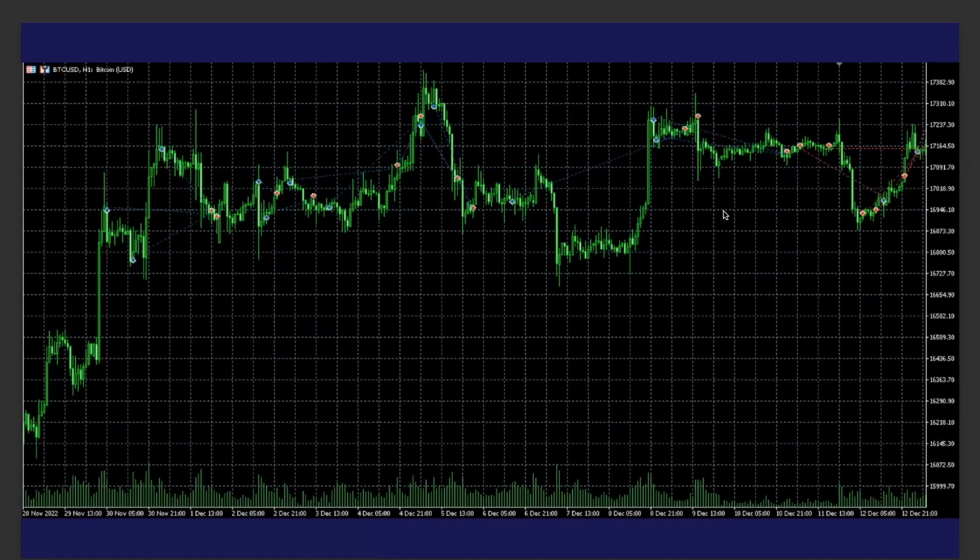But here there is low volatility, and as you can see, there are a lot of profitable trades. Here profitable trades, here profitable trades. Yes, there are two losing trades, but here there are profitable trades as well. This is a profitable trade. And even on the flat market, on the range market, our portfolio demonstrates results slightly better than zero, like plus 0.2%.